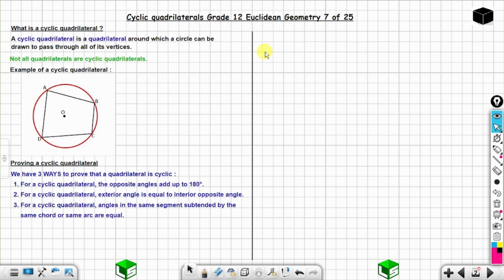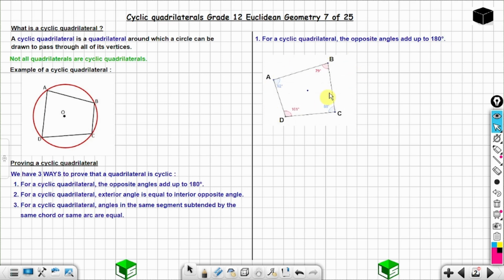Okay, let's start with the first one. For a cyclic quadrilateral, the opposite angles add up to 180 degrees. Let's see an example. You can see angle B and angle D are opposite angles, or angle A and angle C are opposite angles.